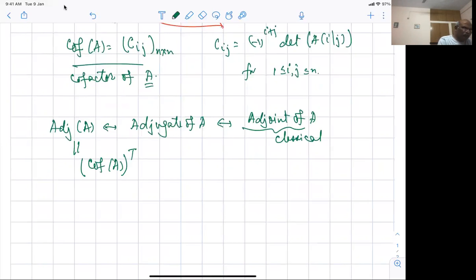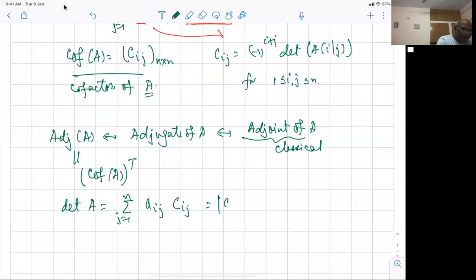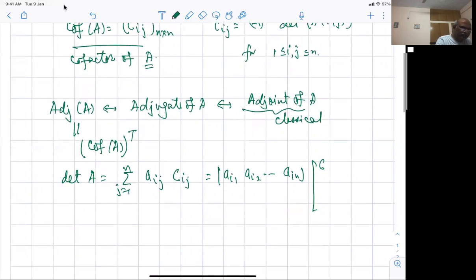Fine. So what we have done here is that determinant of A is nothing but the sum over j equal to 1 to n of Aij into Cij. All right. So what we are saying is that we are looking at Ai1, Ai2, Ain, and then we are multiplying it with Ci1, Ci2, Cin.